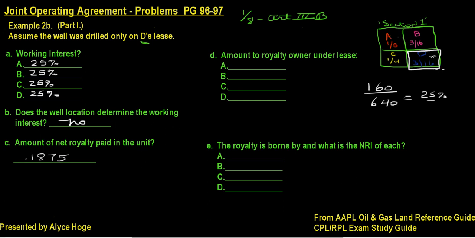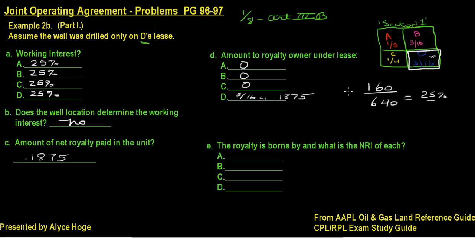Only D is going to get a royalty payment because it's a 160-acre spaced unit. Even though A, B, and C are still in the joint operating agreement, because they weren't pooled with D, they are not going to get any royalty payment from the well that's drilled on D's lease. So A's royalty owner interest is going to be 0, B's is going to be 0, C's is going to be 0, and D is the only one that's going to get a royalty payment, and his royalty payment is going to be 3/16 or 0.1875.